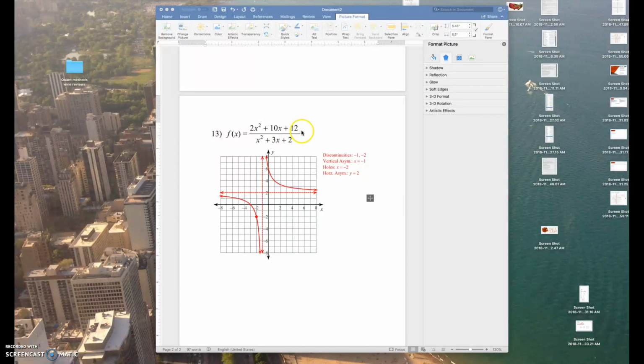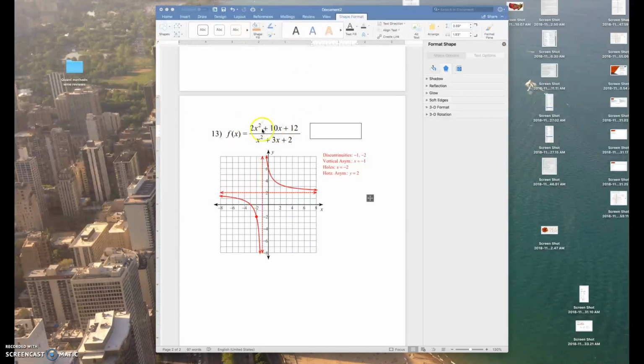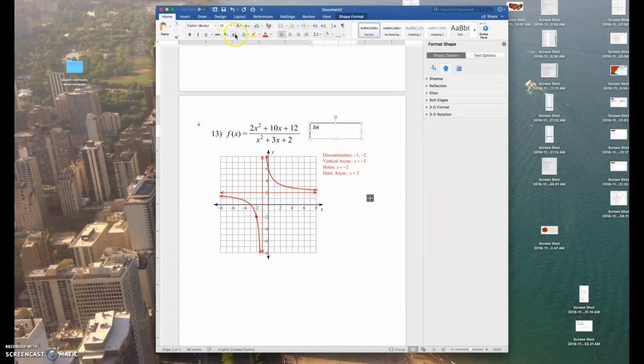You can factor this guy up top, which I'm going to do. So looking at this numerator, I was like, ew, it's got a leading coefficient. And then I realized that they're all divisible by 2. So I'm going to pull a 2 out first, and I will have x squared plus 5x plus 6.